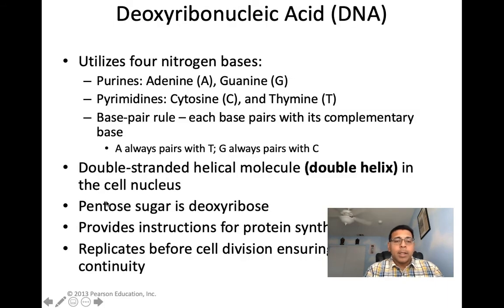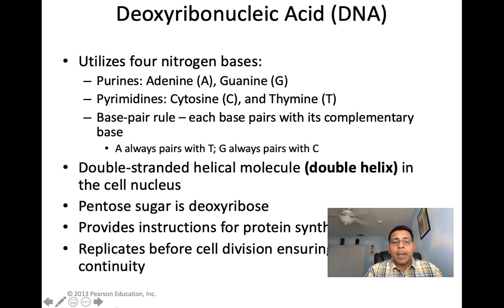Okay. So next then, I want you to know DNA is going to provide instructions for protein synthesis. It's very important that you know that. So what is protein synthesis? The synthesis of proteins, making proteins. Who gives the instructions of what the proteins need to look like in our body? DNA does.